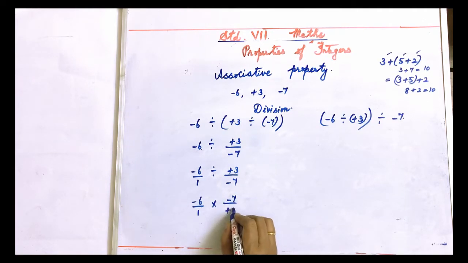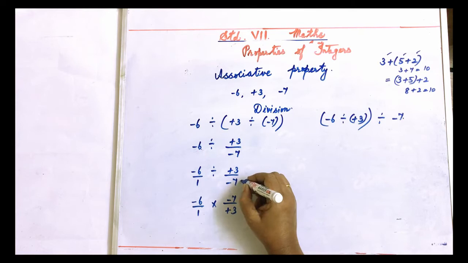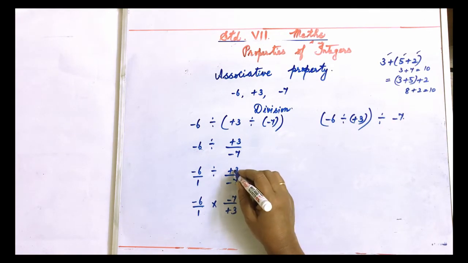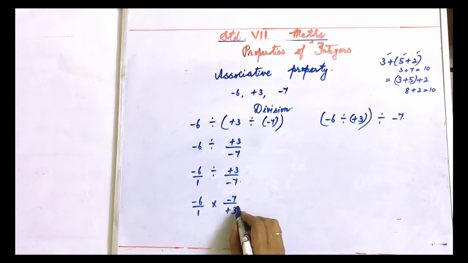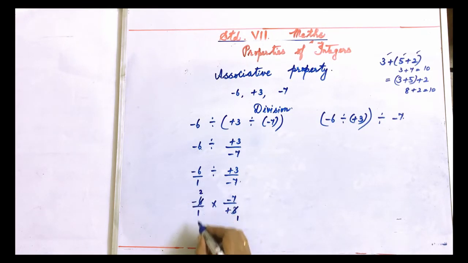The reciprocal of plus 3 by minus 7: the denominator will go to the numerator, the numerator will come to the denominator. So here we can cancel. Plus 1 3 is 3, 2 3s are 6. So now multiply, minus into minus is plus, 2 7s are 14. In the denominator we have 1 into 1, that is 1. 14 divided by 1 is 14.